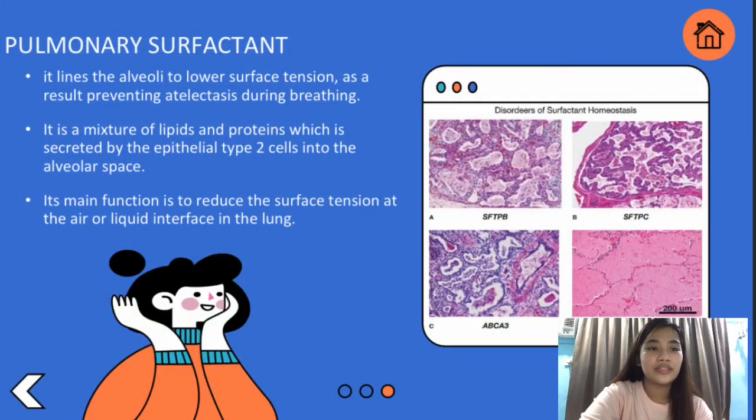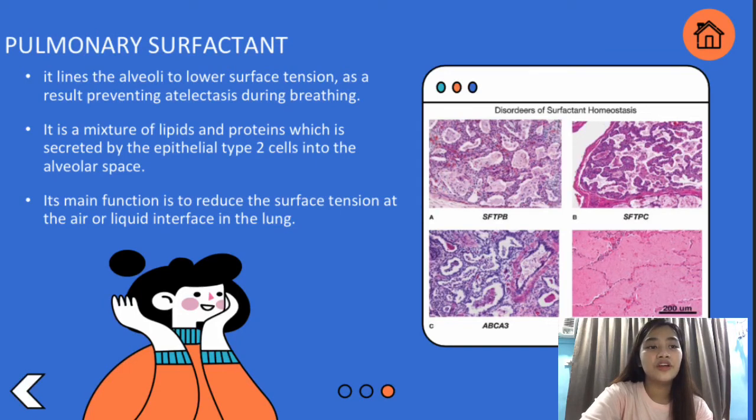Pulmonary surfactant is essential for life as it lines the alveoli to lower surface tension, as a result preventing atelectasis during breathing. It is a mixture of lipids and proteins which is secreted by the epithelial type 2 cells into the alveolar space.